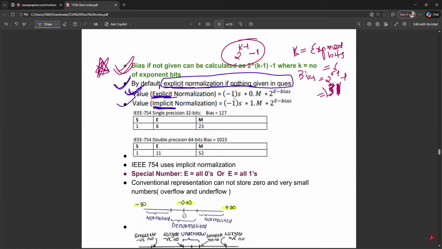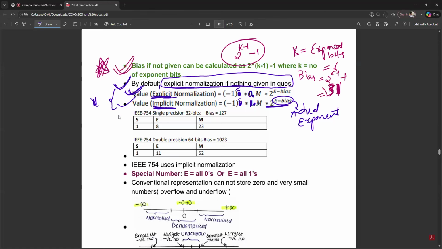It is minus 1 power S, into, for explicit, you add 0 point, and for implicit, you add 1 point, times 2 power E minus bias, which is the actual exponent.